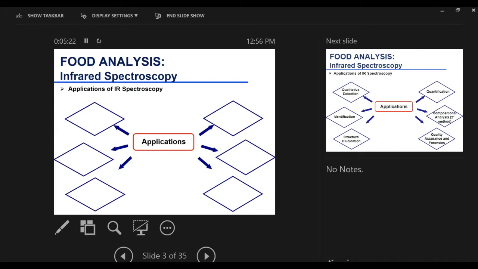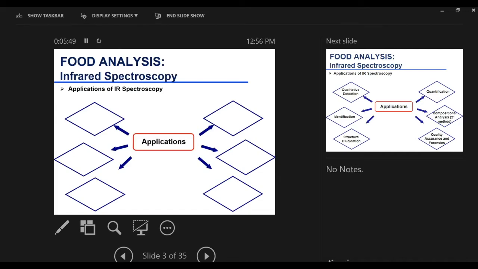Mid-IR and near-IR are very powerful tools that are used in industry to look at online composition. During processing, how does the composition change? For example, mid-IR is used in milk analyzers. So mid-IR is used to look at the compositional characteristics of milk as it comes in as a raw ingredient. So we'll talk about that later.